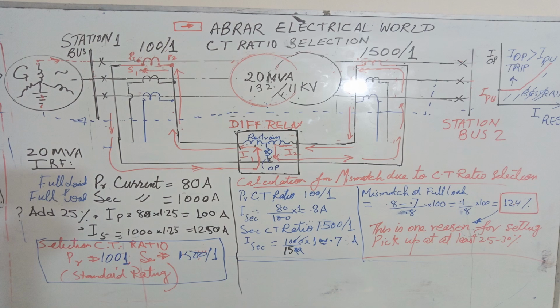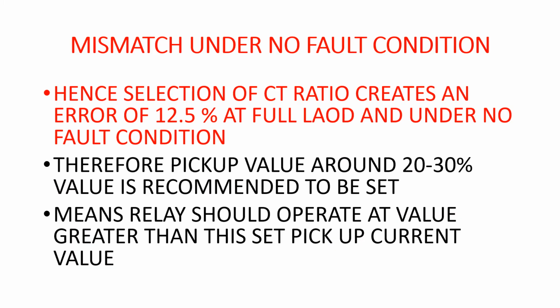So after summarizing this, we get that the selection of CT ratio creates an error of 12.5% at full load under no fault condition, and therefore a pickup value of around 20 to 30% is recommended to be set. It means the relay should operate at a value greater than this set pickup current value.